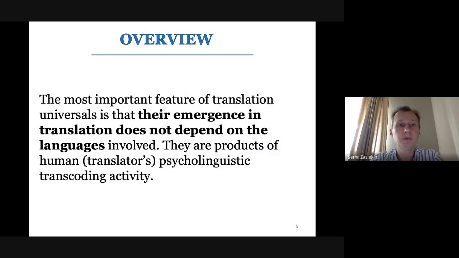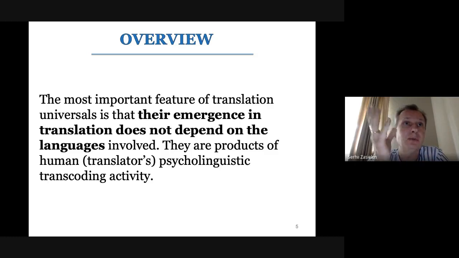Okay, so the most important feature of translation universals is that their emergence in translation does not depend on the languages involved. That is to say, I will speak about Ukrainian translations as compared to original Ukrainian texts, but actually they do not depend on the languages.